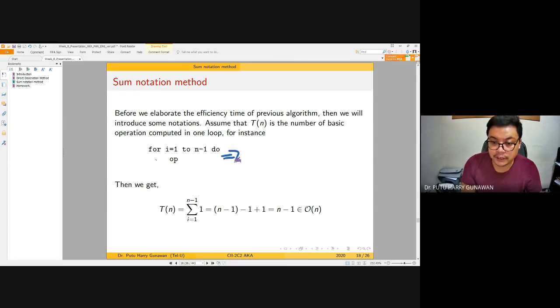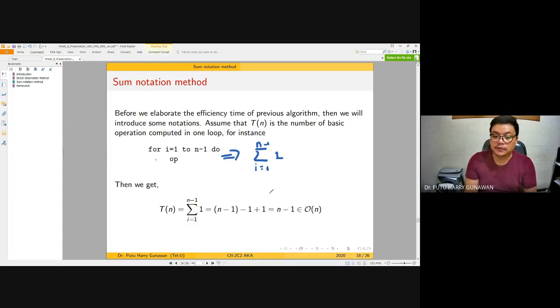We need to convert this into sum notation. So we write the sum notation of i equal to 1 until n minus 1. And then here is the operation, how many operations are executed. In this one the operation is 1, so it should be 1.